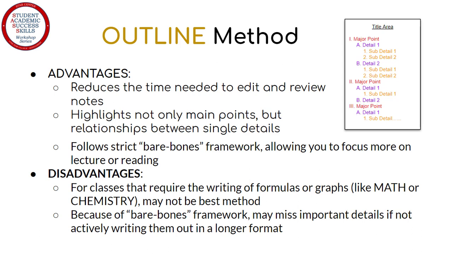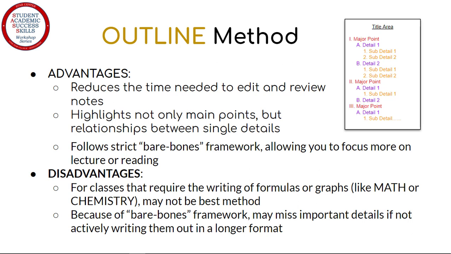The outline method also highlights not only main points, but the relationships between single details. For example, in page 1 of your handout or in the logo in the top right-hand corner of your screen, you can see that each subdetail is related to the detail above it. And each section of subdetails and details are related to the major point above that.